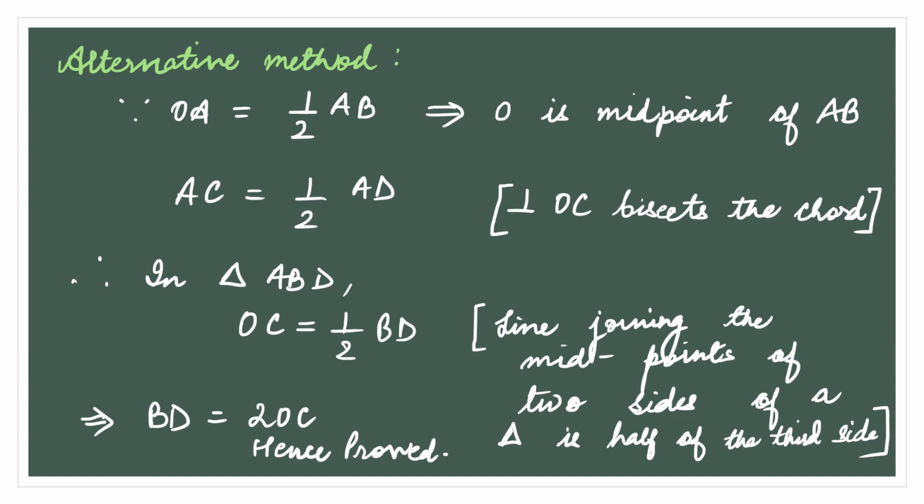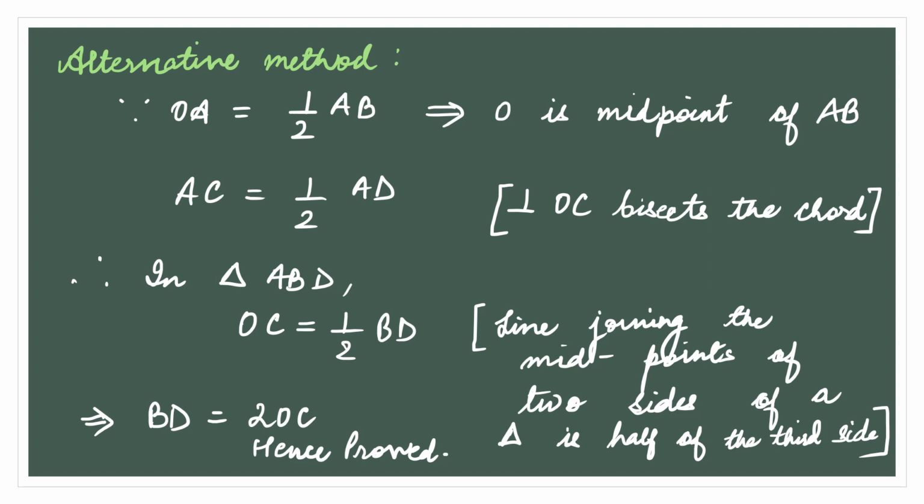In triangle ABD, OC is equal to half of BD. The line joining the midpoints of two sides of a triangle is half the third side. Therefore, OC is equal to half of BD and BD is equal to 2OC, which is proved.